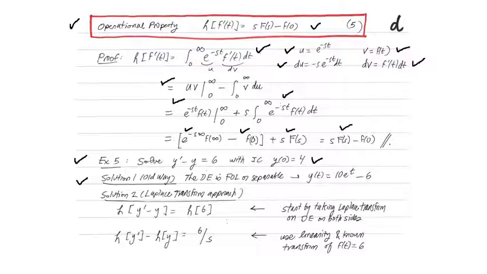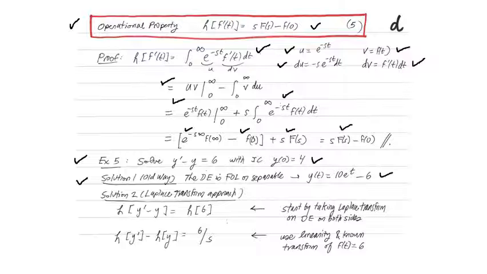The differential equation is first order linear. It's also separable. I'm not going to go through those details in this video, but hopefully the student knows how to use one of those methods to calculate 10 e to the t minus 6 for the solution of that initial value problem.